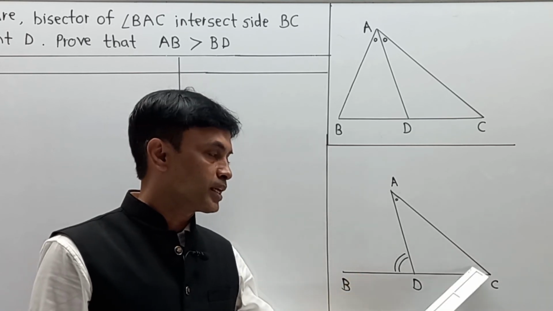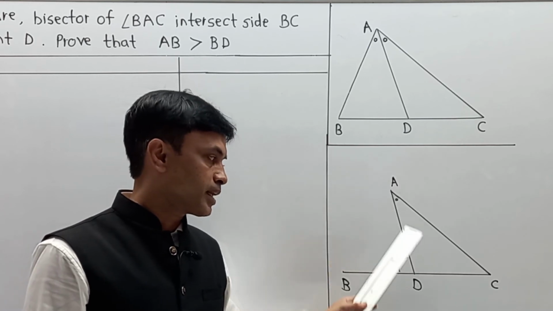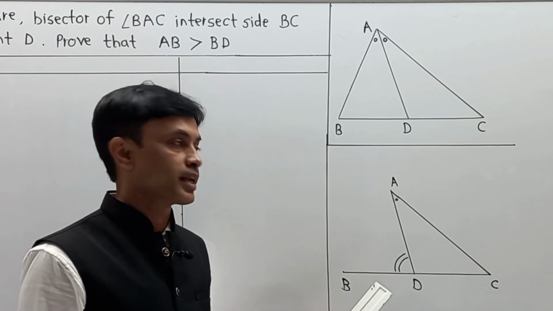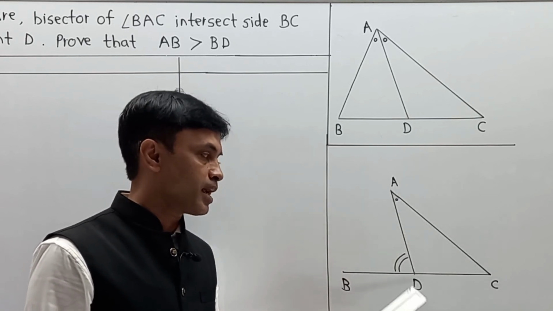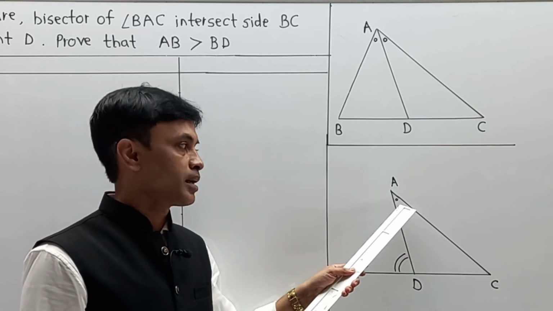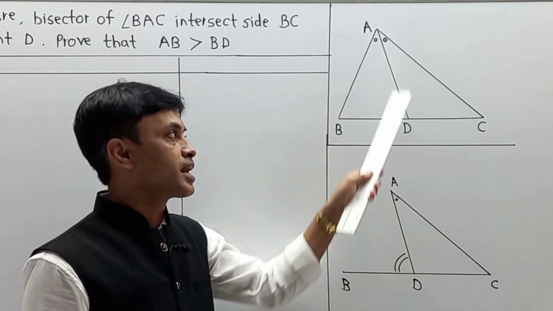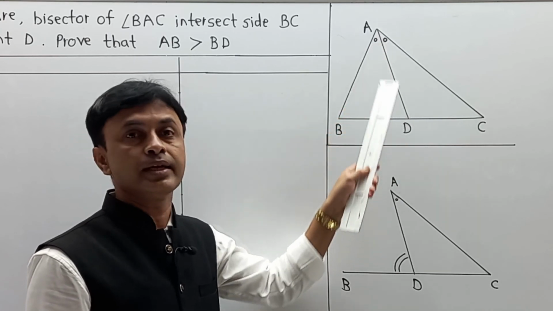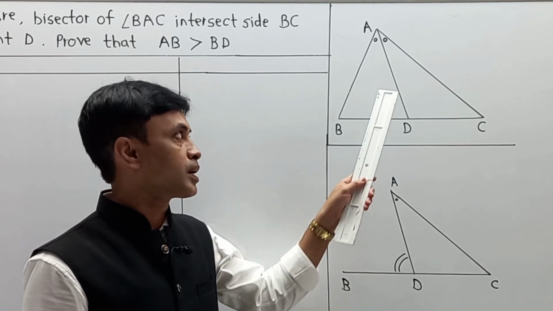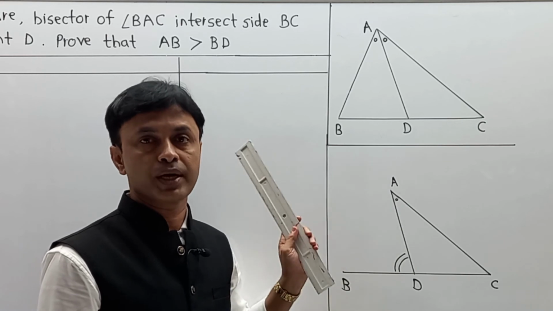So we can say that angle ADB is greater than angle CAD, means this angle D must be greater than this angle A. But this angle A, angle CAD, is nothing but BAD, because these are equal. In this way, making a comparison, we are going to write number 1 for angle bisector and number 2 for exterior angle. Please pay attention.